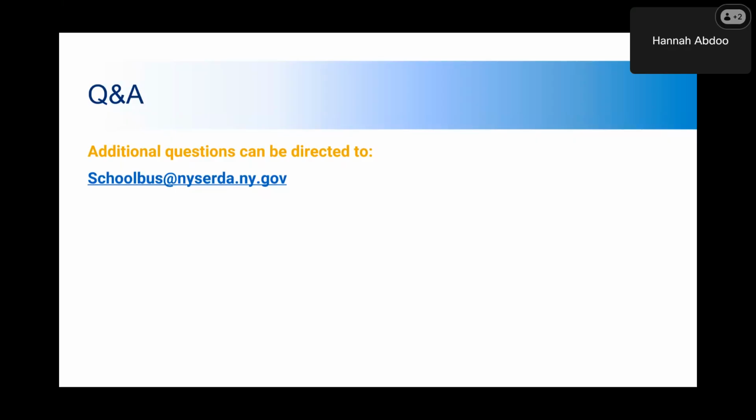Next question. Do you foresee additional funding for NYSBIP to be approved? Another really good question. I don't know at this time. This program is funded through Bond Act funds, which was voted on in 2022 by New Yorkers. So at this time, that is all the money that is available.